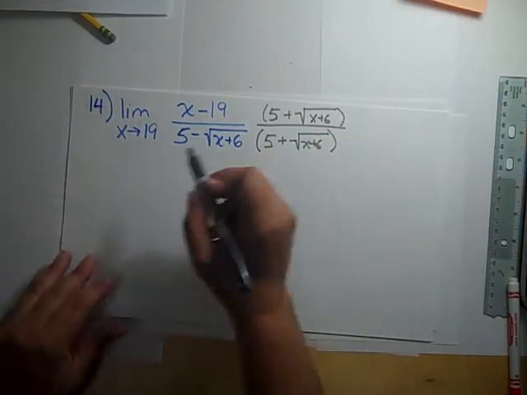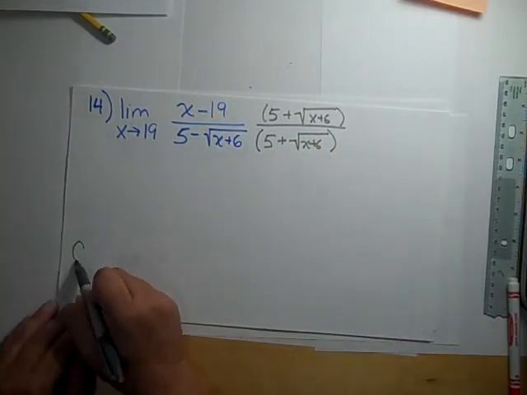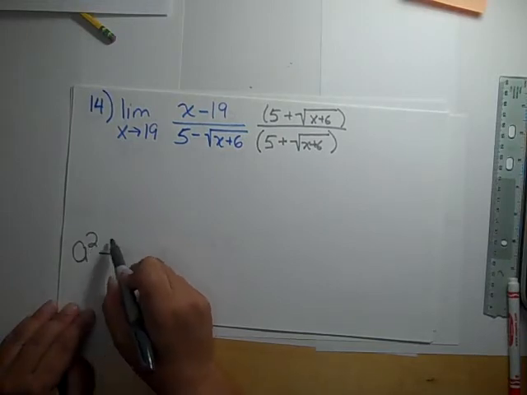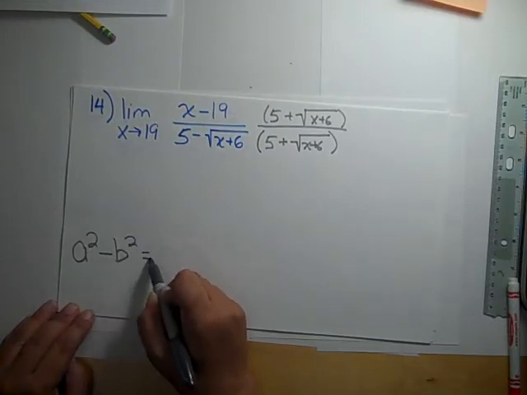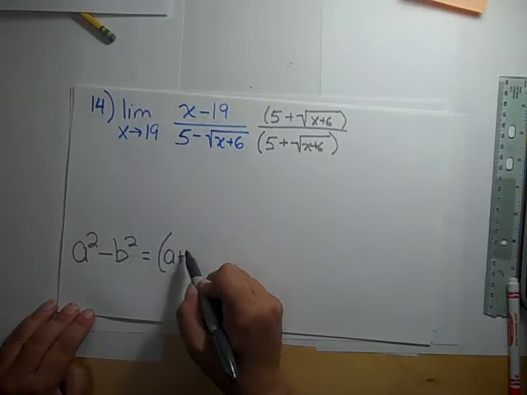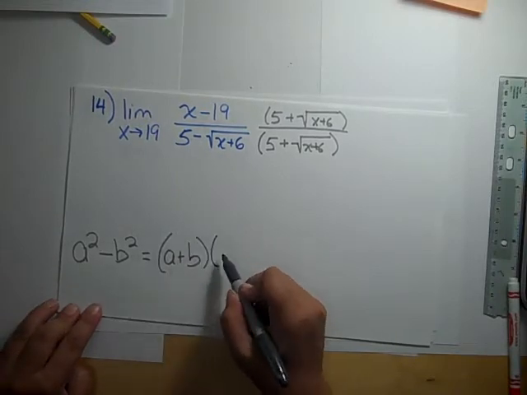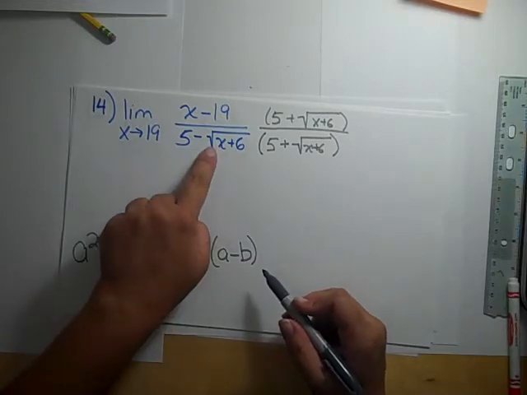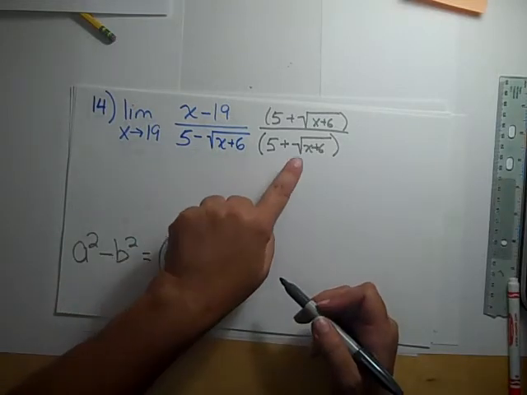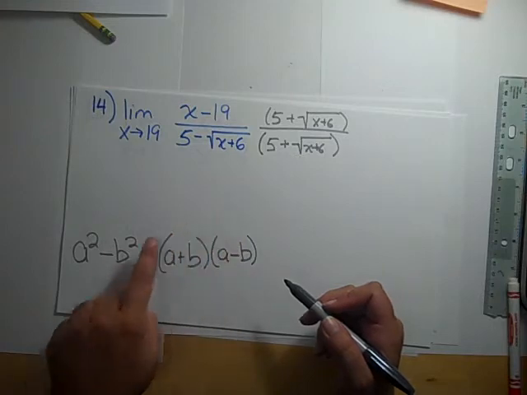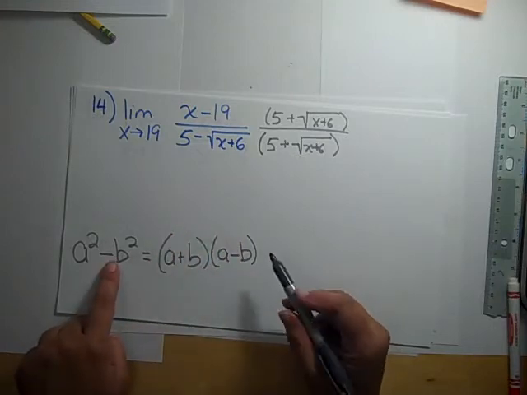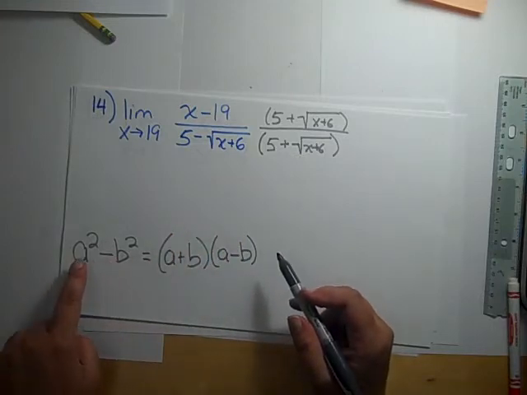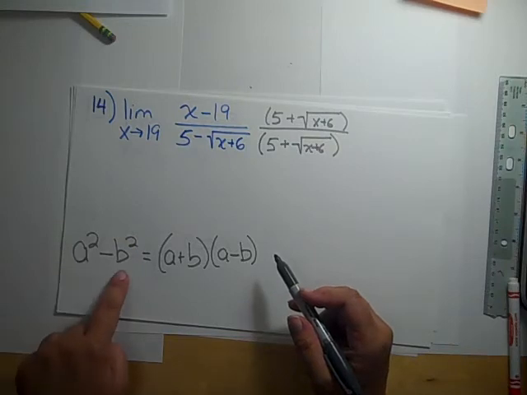If you remember, there's a formula that says a squared minus b squared factors to be a plus b times a minus b. So if you look here, this is now our a minus b. This is our a plus b, and we don't even have to FOIL it out. We know that it's going to be a squared minus b squared.